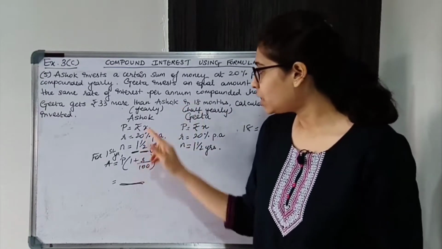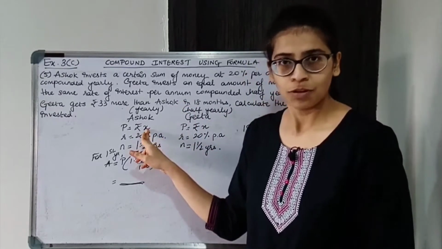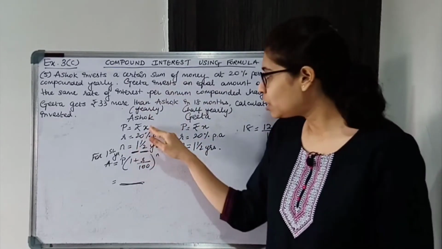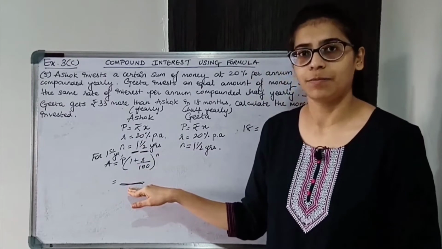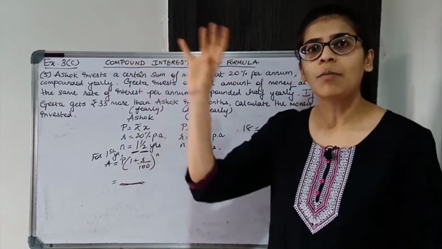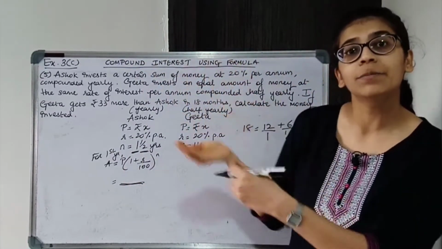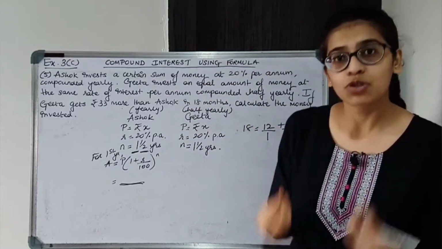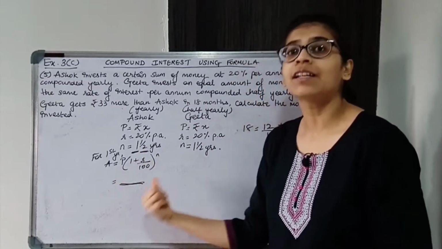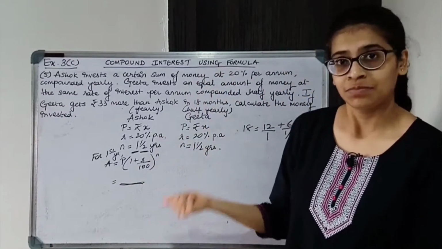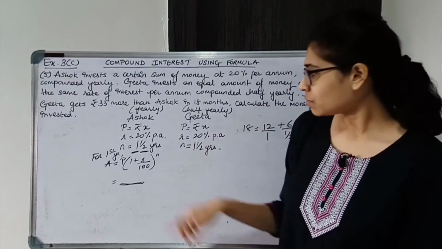So you will not take this principal. For next half year this will not be the principal. For next half year this will be the principal. The amount that gathered becomes the principal for the next period. So for next half year the amount that you got in first year, that will become the principal. Now half year.